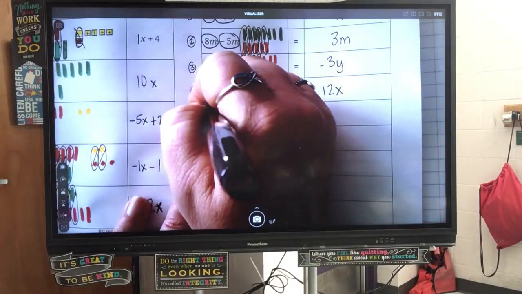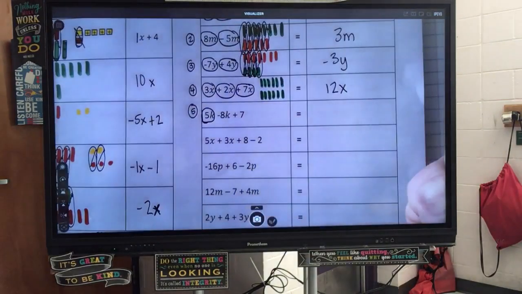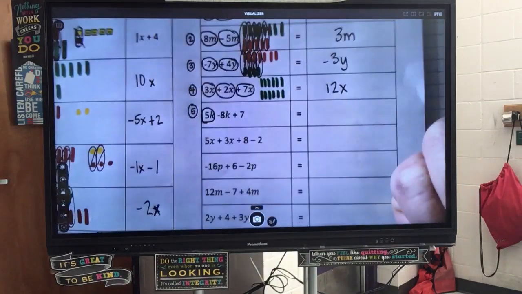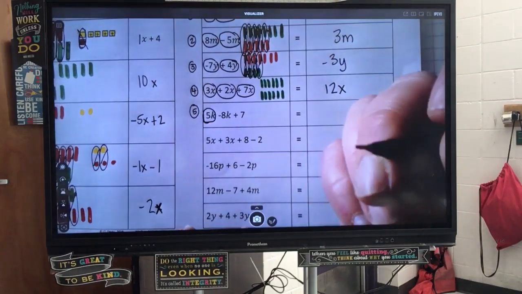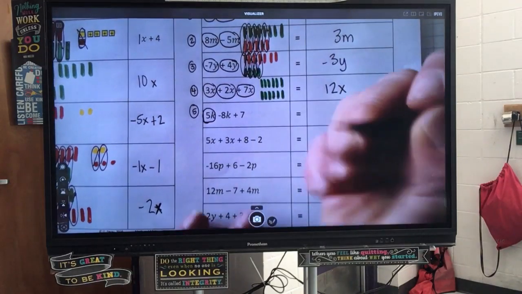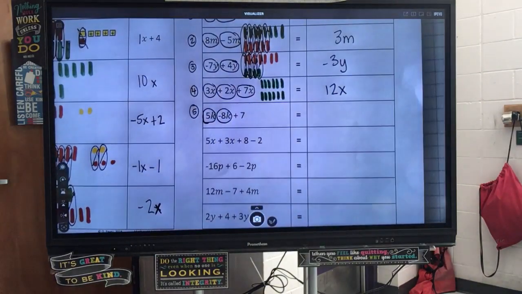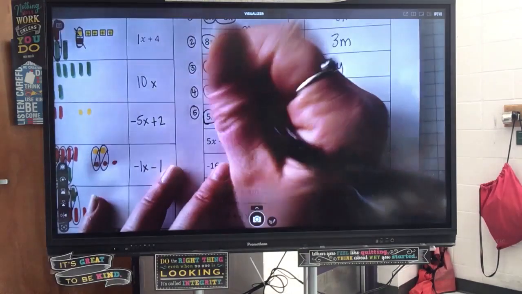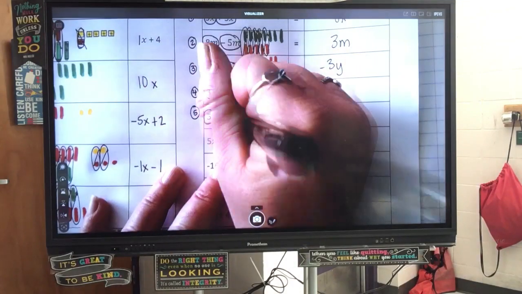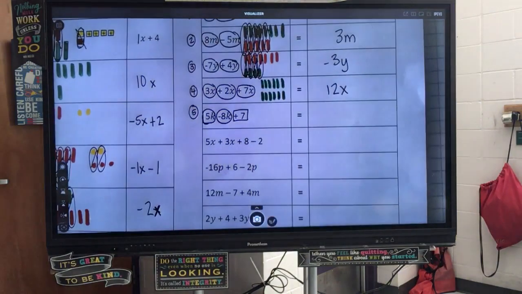Okay, so we can do the 5k, but not just 8k. It's important to keep what with it? Yes, perfect. And then the plus 7, do we just leave that by itself? We are going to leave it by itself, but we're going to put a box around it, not a circle, just so we know that it is different.